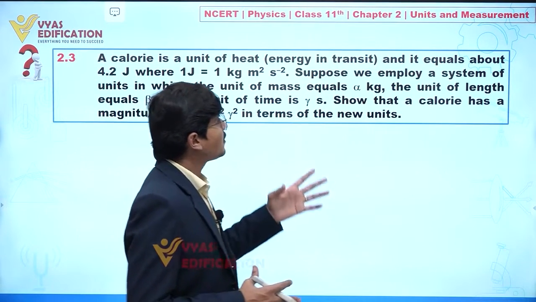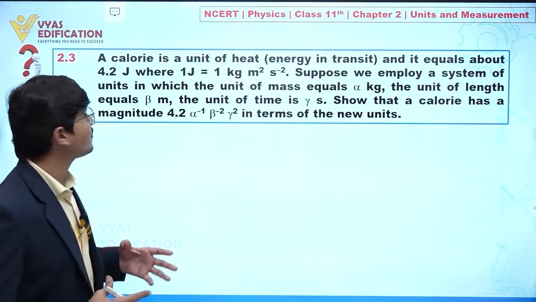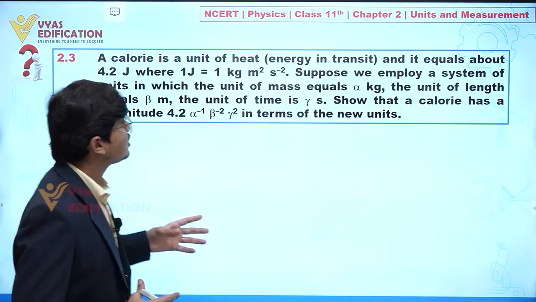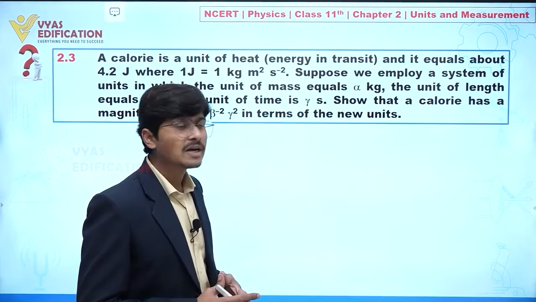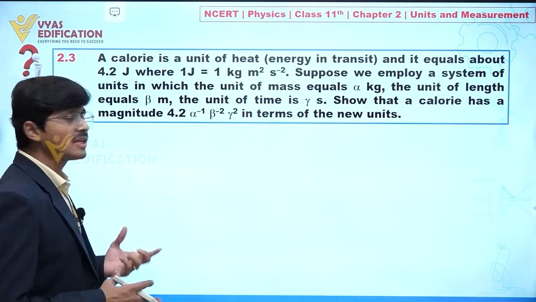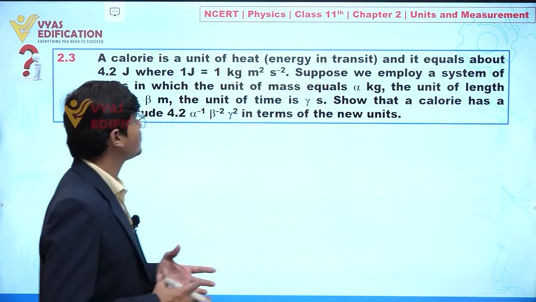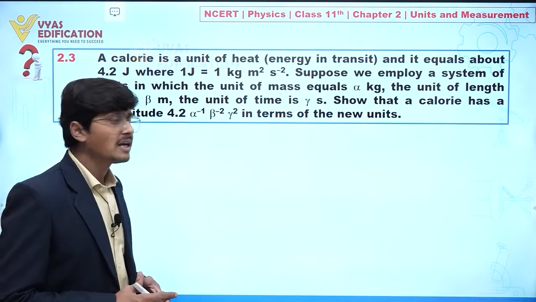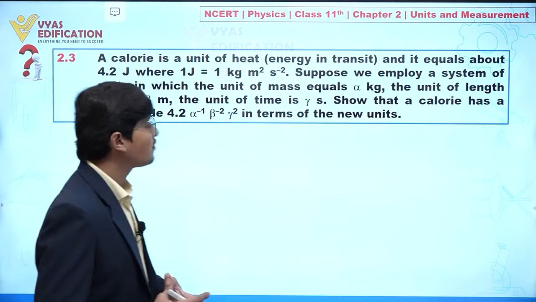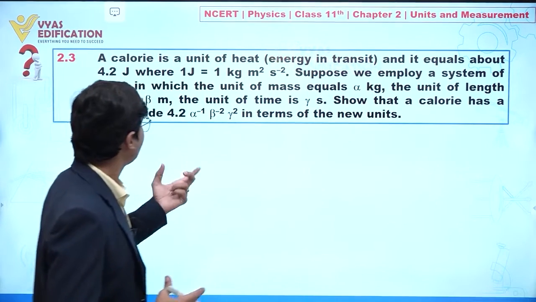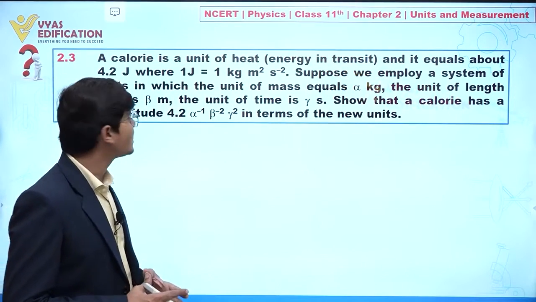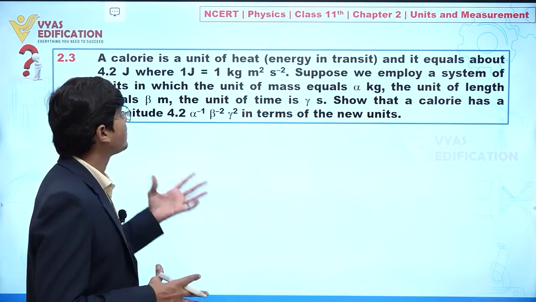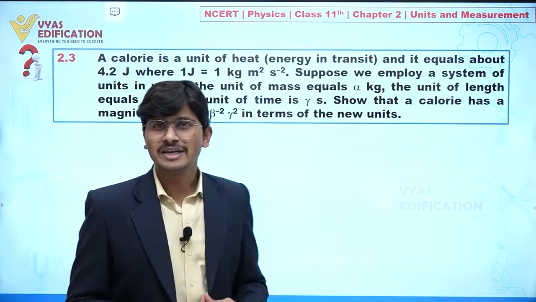Suppose we employ a system of units in which the unit of mass equals alpha kilogram, the unit of length equals beta meter, and the unit of time is gamma second. Now we have to show a calorie has a magnitude of 4.2 alpha power minus 1, beta power minus 2 and gamma square in terms of the new unit, clear.